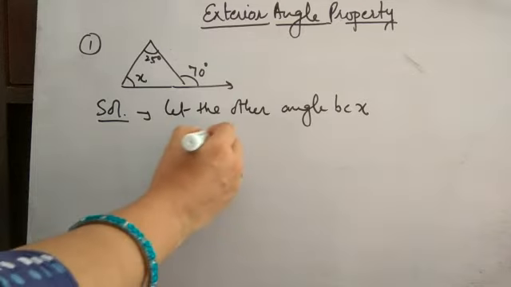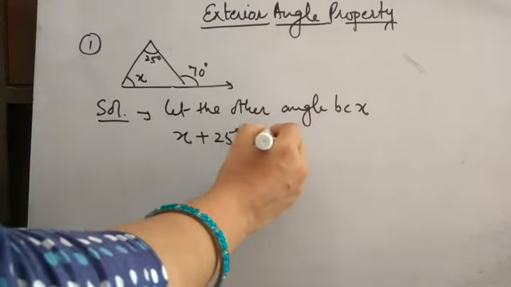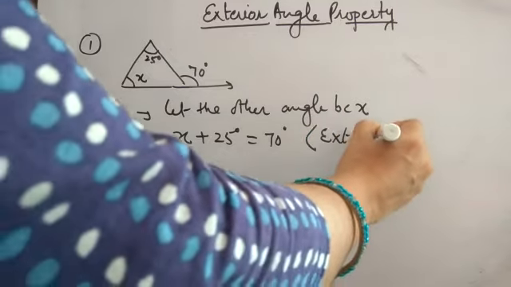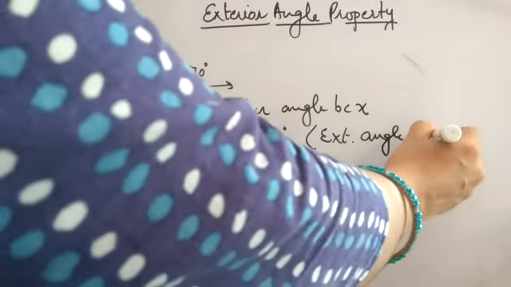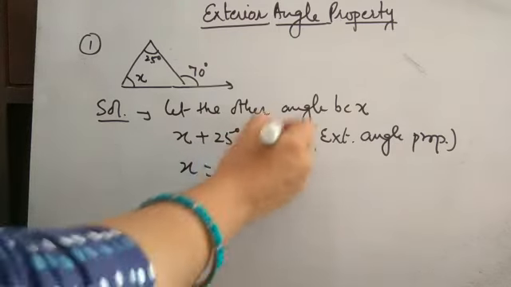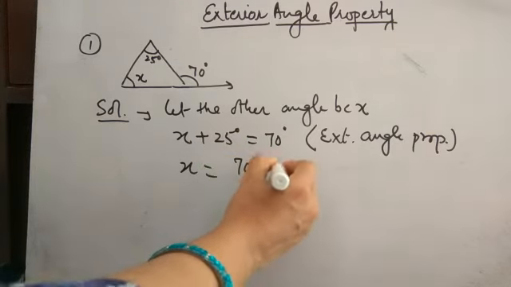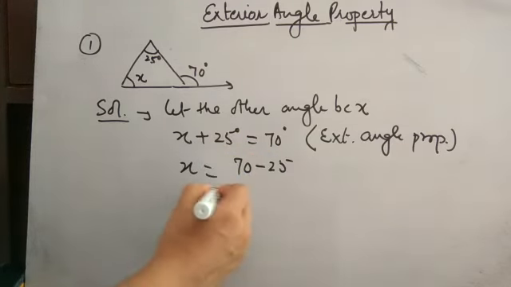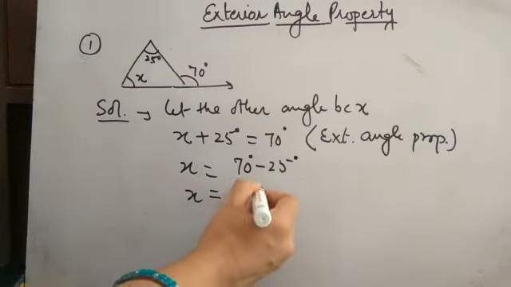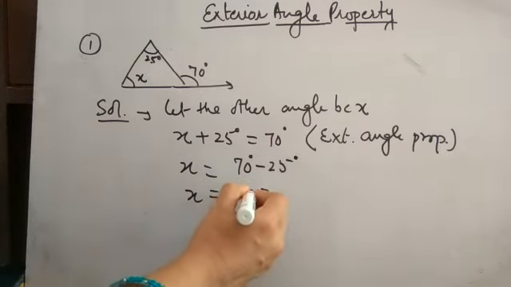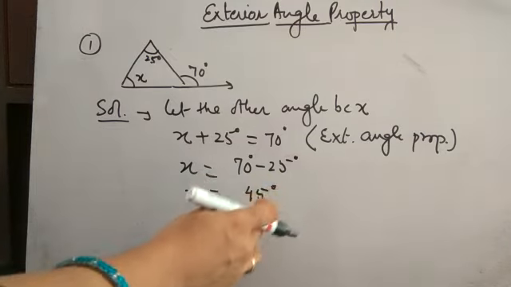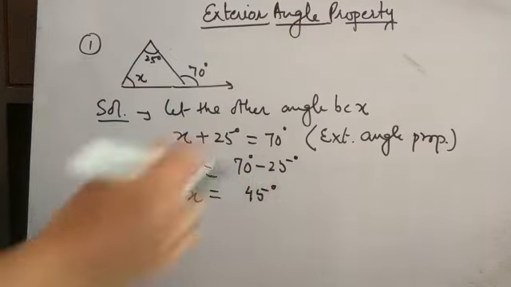Now we know that x plus 25 degrees is equal to 70 degrees, by the exterior angle property, which we have just studied, right? So x is equal to 70 degrees minus 25 degrees, as the plus 25 becomes minus 25 on that side. 10 minus 5 is 5, 6 minus 2 is 4, so 45 degrees. You can check: 5 and 5 is 10, carry 1; 4 and 3 is 7.